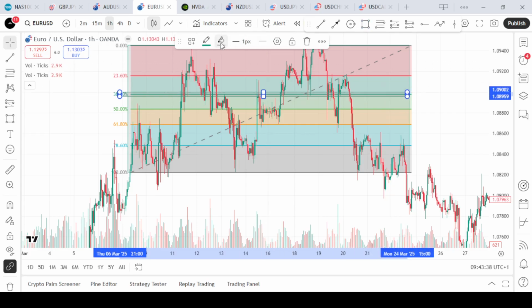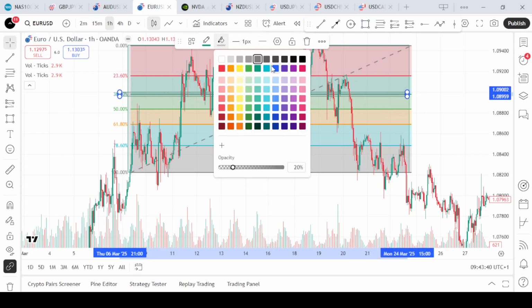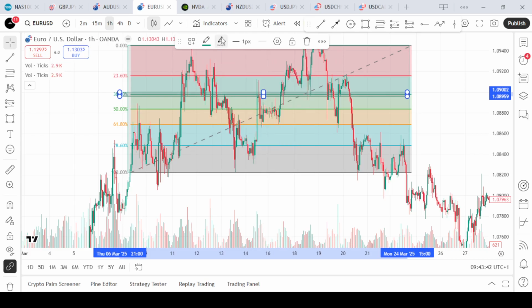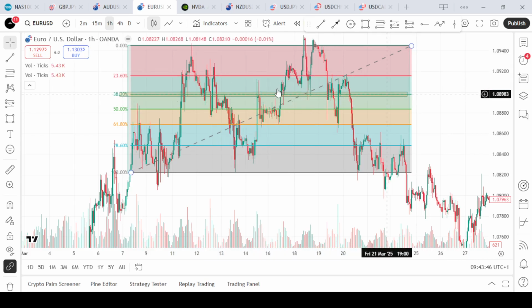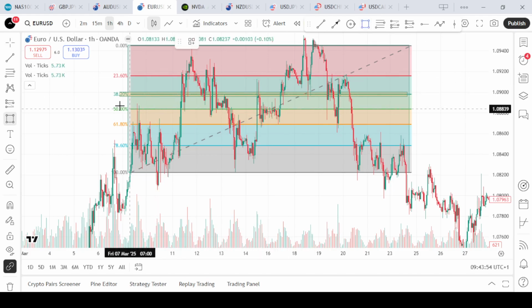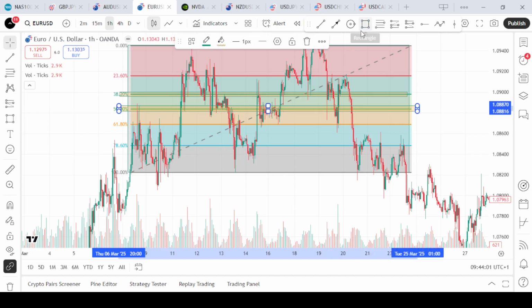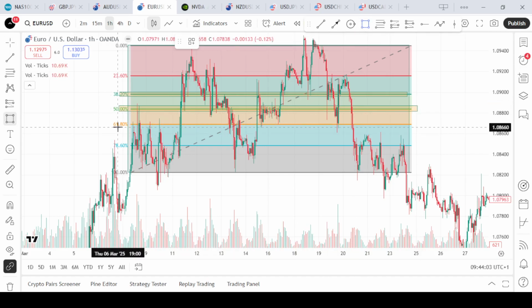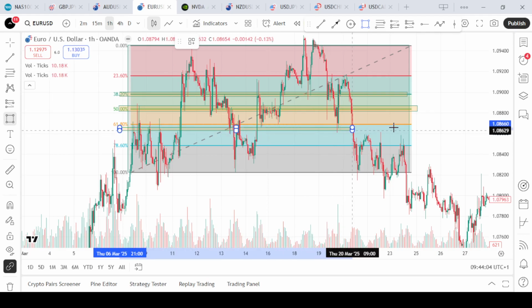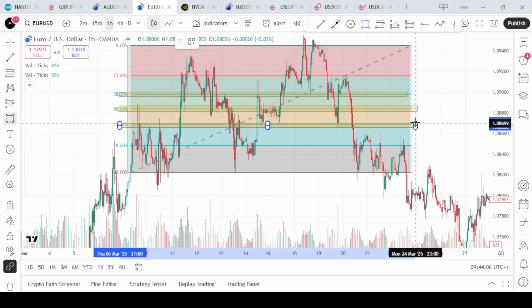Change the color a bit. Change the color to a very stable color. This is the first level, 38.2 level, our 50% level, and our 61.8 level. So these are the areas that we are going to pay close attention to in this range.